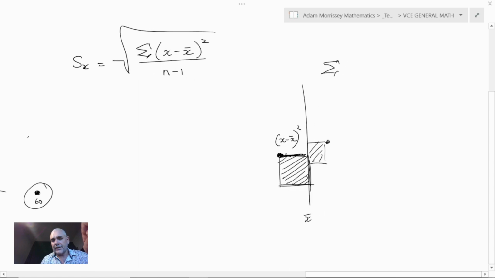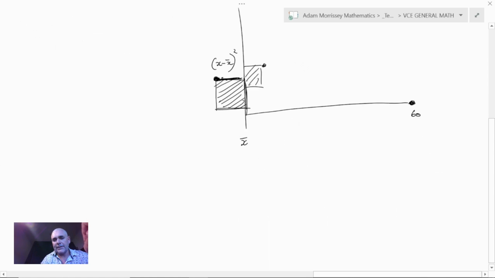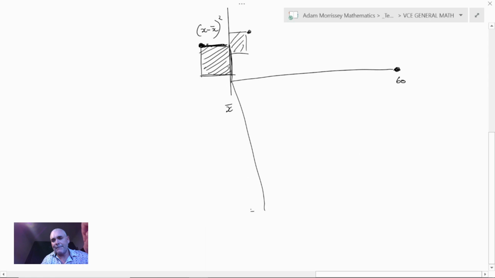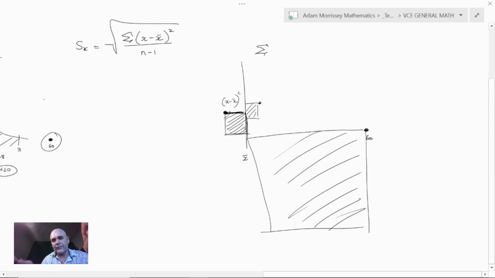Now then we've got a point that's a long way away from the mean out here at 60. And so what happens here is we create a massive big square. And that is going to have an effect once we sum all those squares, and that's that part of the formula.